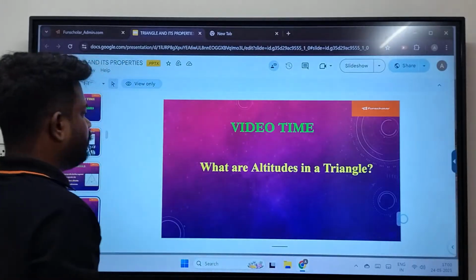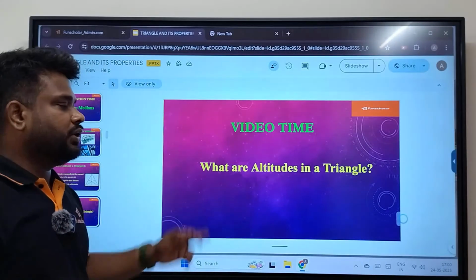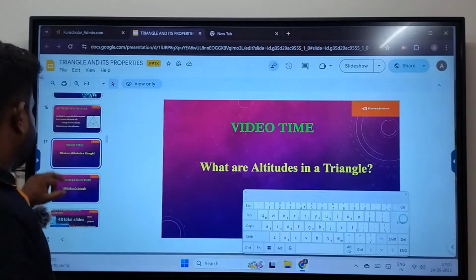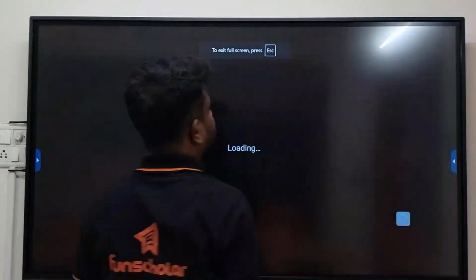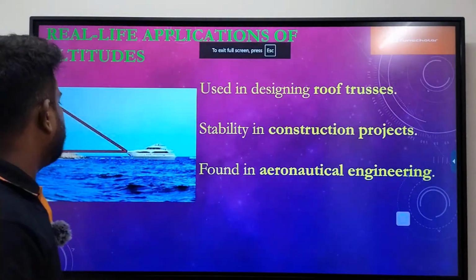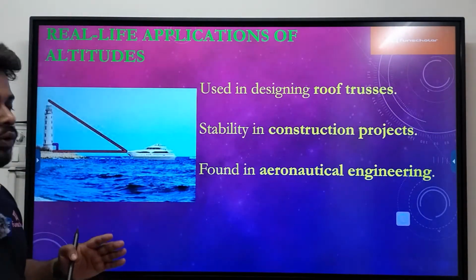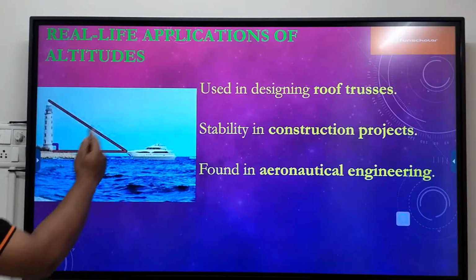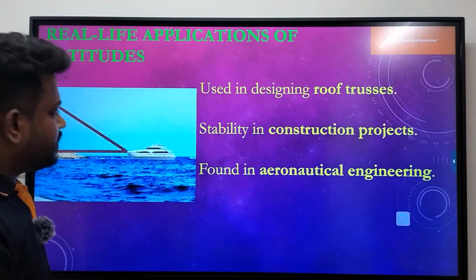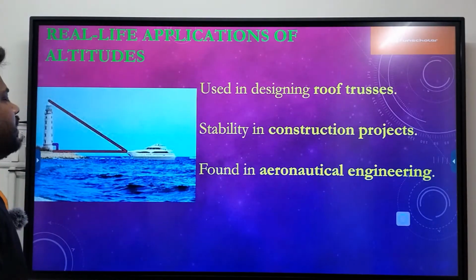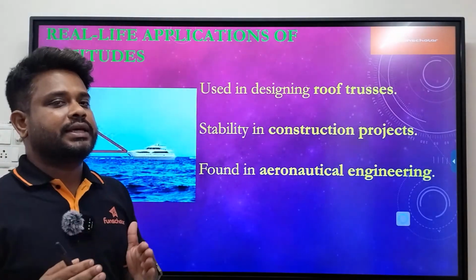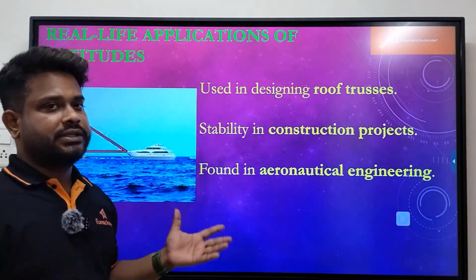So what we have learned is what the altitudes of a triangle are, and let's see some real life examples where we use altitudes, like in designing roof trusses, stability in construction projects, and aeronautical engineering. Altitude also has many examples like in height and distance.